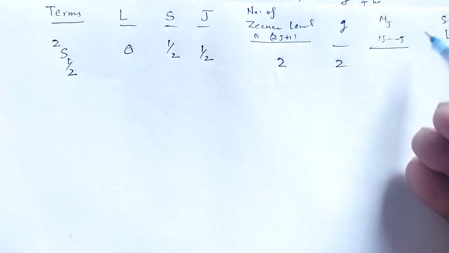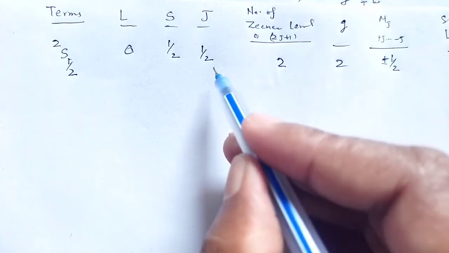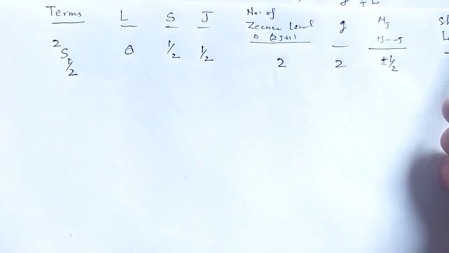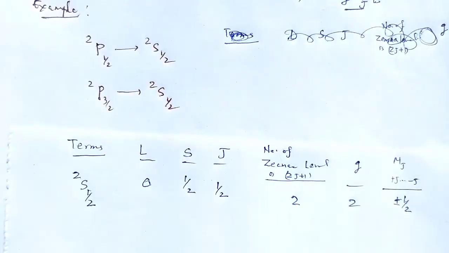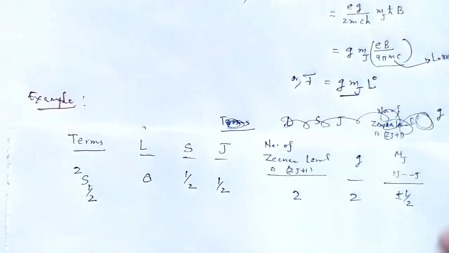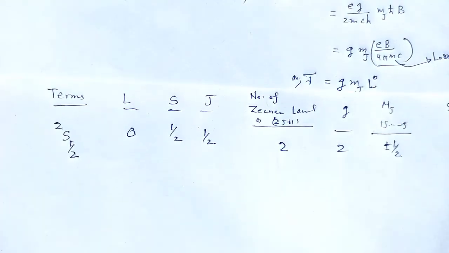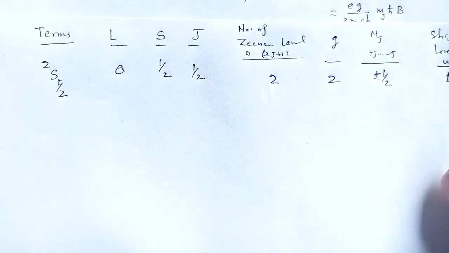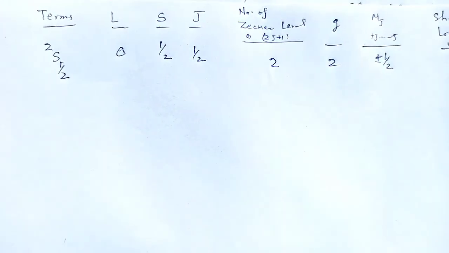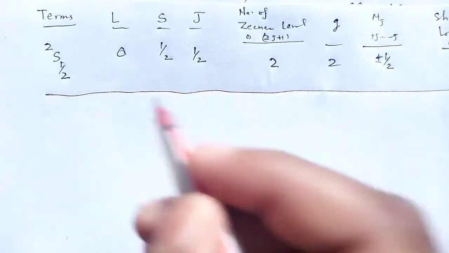Then the allowed values of m j are plus or minus half, since J is half. The Lorentz shift is g m j into L naught, so the Lorentz shift here is 1.